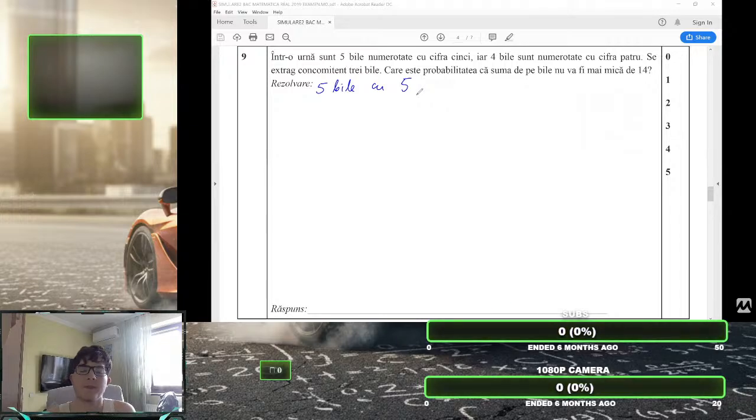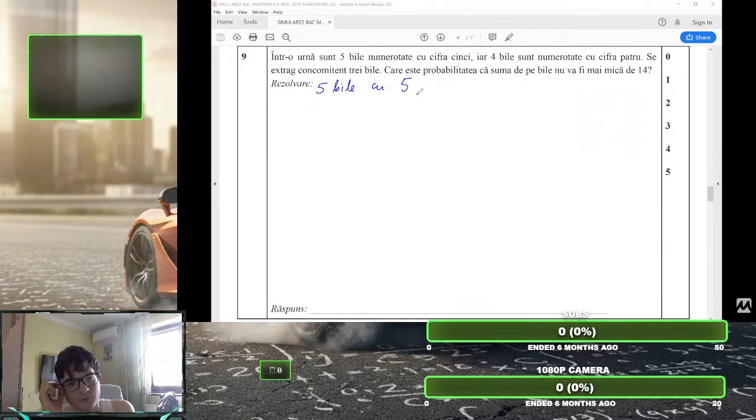using the formula of favorable cases divided by all cases, and obviously to calculate all the cases, what we need to do is, have to think about it. 5 balls and 4 balls and 3 balls are being extracted, but we have numbers on them.